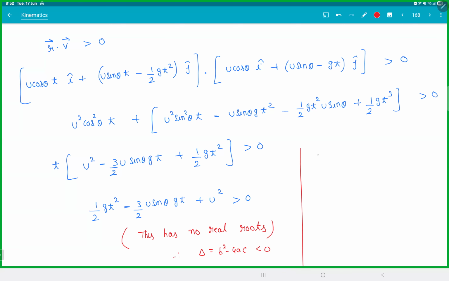So what is the discriminant for this? The discriminant, b square, is 9 by 4 u square sin square theta g square minus 4 times g square by 2 u square must be less than 0. U square goes off. I got a g extra somewhere.